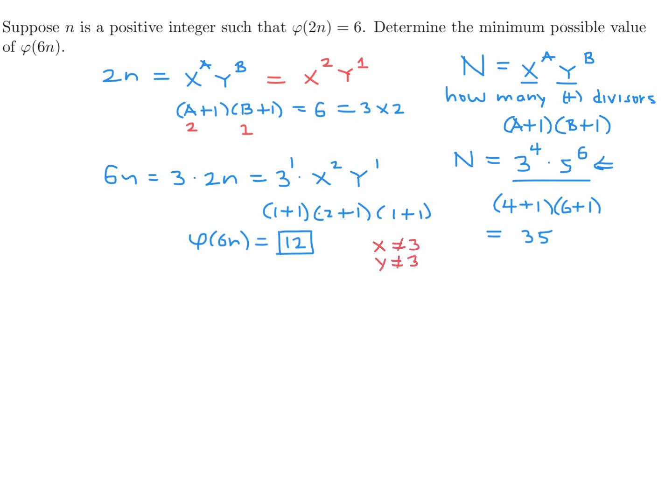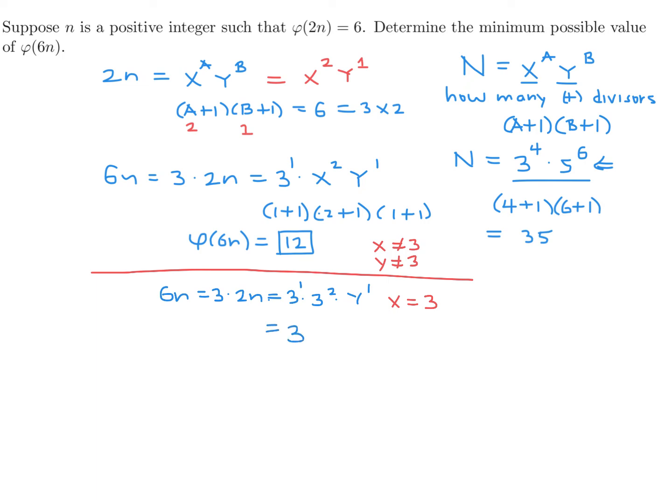But what if one of them was equal to 3? Like let's say x was equal to 3. Then this would be a little bit different. It would be 6n, which is 3 times 2n, which would be 3 to the power of 1. X is 3 now, so it would be 3 to the power of 2 times some y to the power of 1.